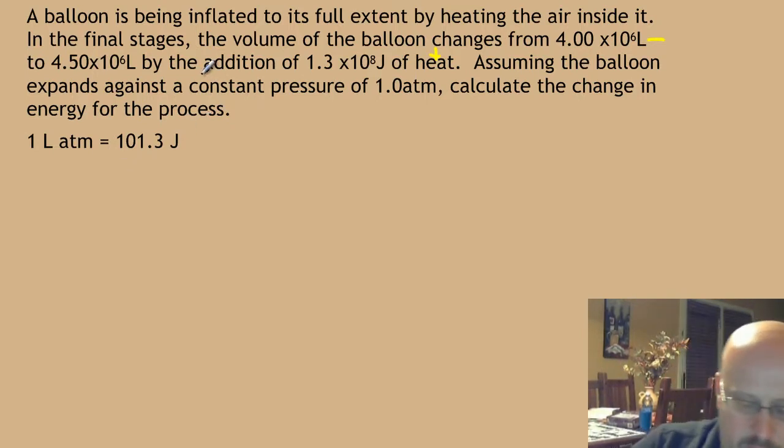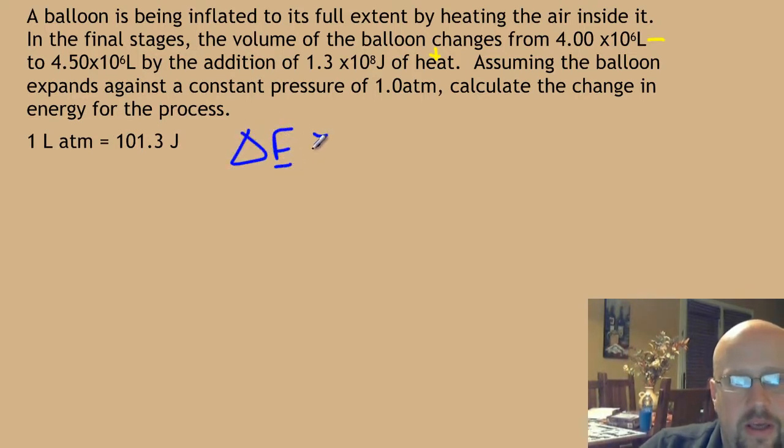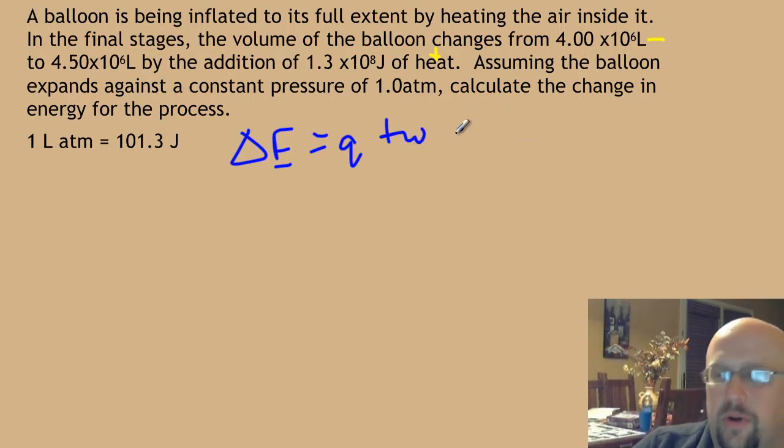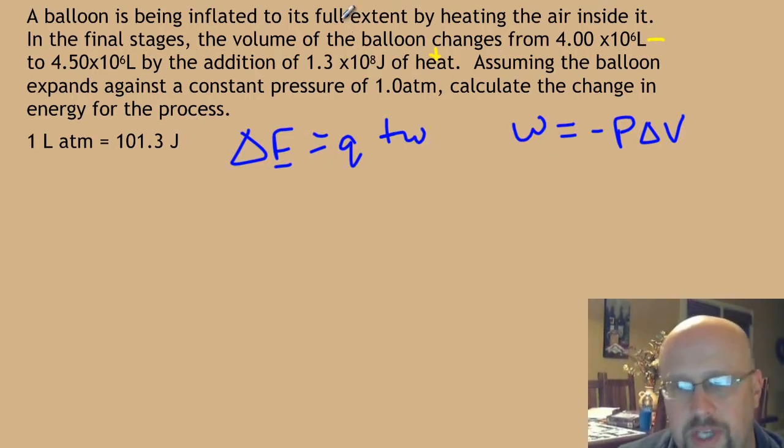Remember that our overall equation, okay, delta E is equal to Q plus the work. But also remember that what really is going on is that work is equal to negative P times the change in volume. And so I'm going to go ahead and work this part real quick, and then we'll go back and plug that in.